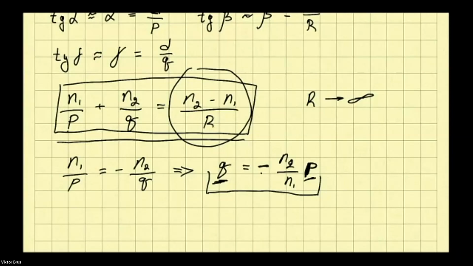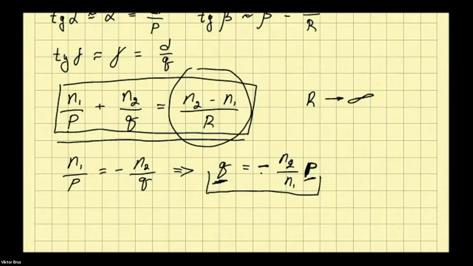Then Q will be positive, so the image will also be on the right side of the interface. As a result, we can claim from this equation for a flat interface that object and image are always located on one side of the interface between media with different refractive indexes.